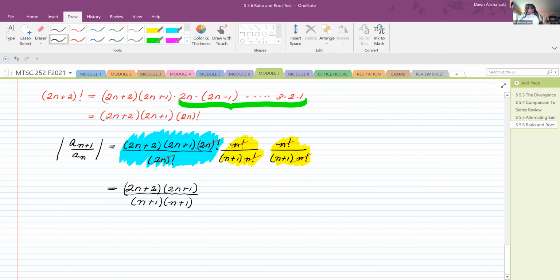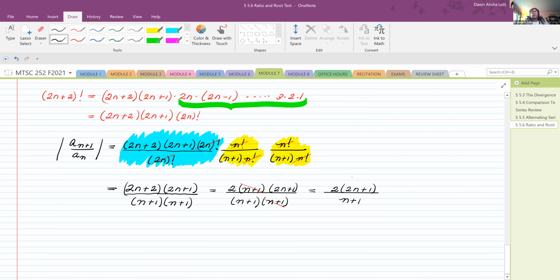Okay, I can actually even simplify that more because this is 2 times (n+1) times (2n+1) over (n+1) times (n+1). So I can divide out one of the (n+1)s. And so when I'm done, this becomes 2 times (2n+1) divided by (n+1).